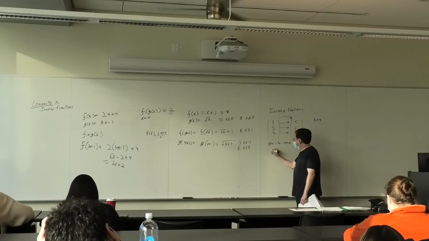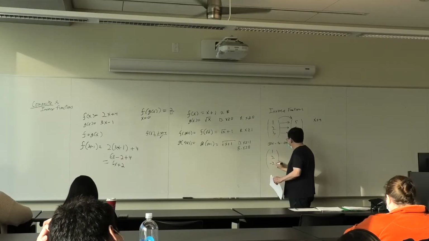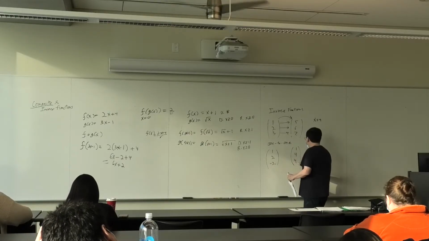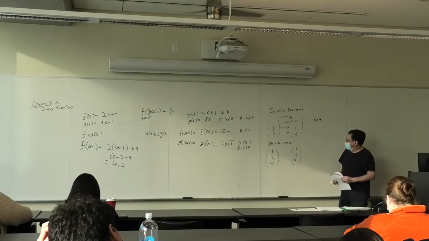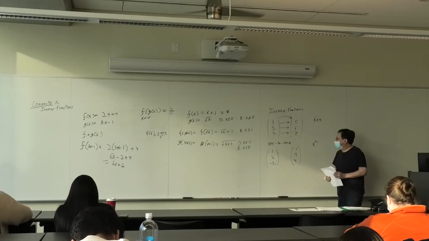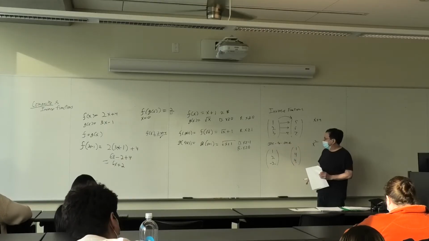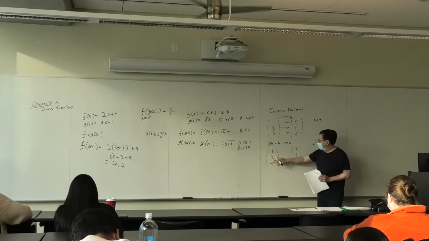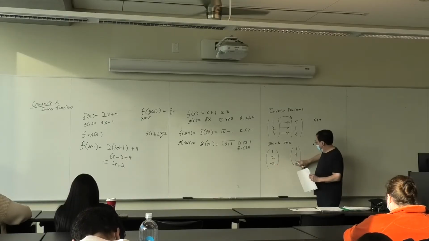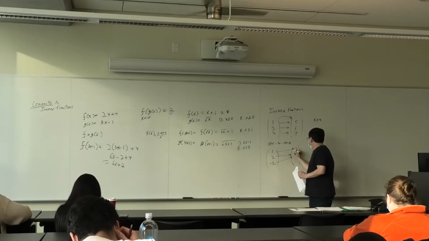You might have something like this: 1, 2, -2, 1, 4, 4. Now I could express this as x squared, right? This is a good example of something that's not 1 to 1. Why? Because both 2 and -2 go to the same element. I should just draw this mapping.